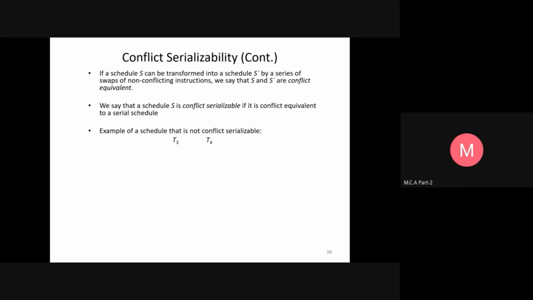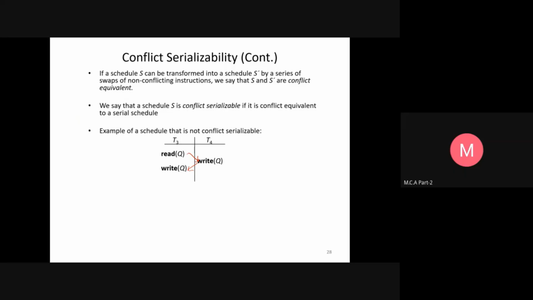Let's look at this particular schedule, and it says it is not conflict serializable. So let's see why. If we look at read Q here and a write Q here, we cannot do any swapping because there is a conflict. Similarly, there's a conflict between this write Q and this write Q, correct? So wherever there is a write, we end up having a conflict.